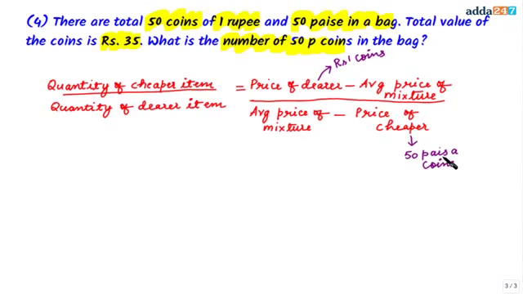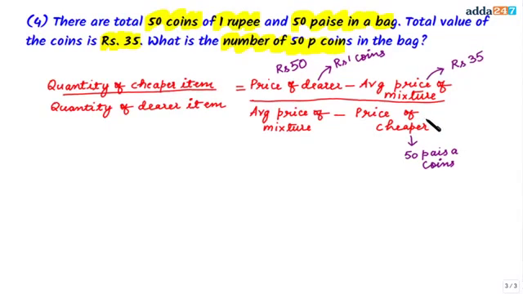And from the question, rupees 35 which is given will act as the average price of the mixture, and price of the dearer item, that means price of rupee 1 coins, will be, if we suppose that all coins were of rupee 1 and there is a total of 50 coins, then all the coins will add up to rupees 50.